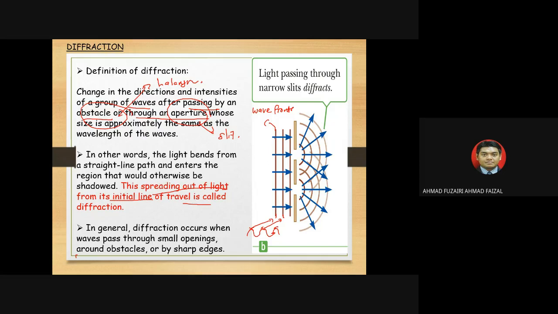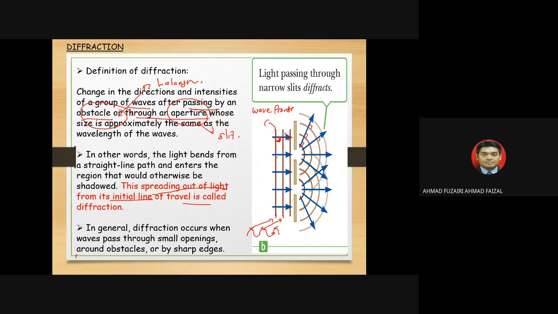If we draw an arrow, it should be 90 degrees to the wave front, and so do it after the diffraction. So the arrow should be 90 degrees to the wave front.